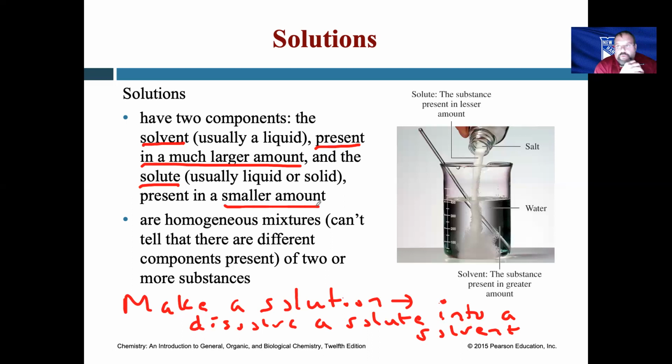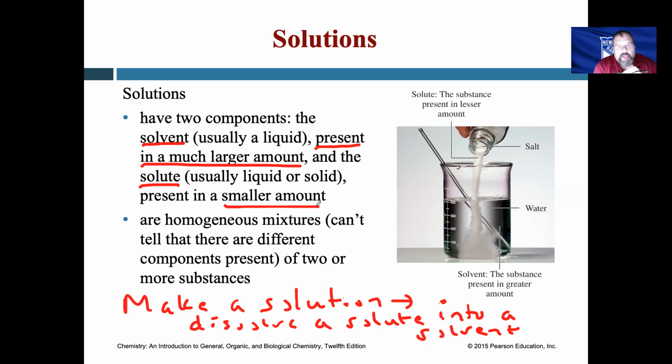And your solutes can be solids, liquids, or gases, but for the most part, the types of solutes that you come across are your liquids and your solids. Now, what's interesting is that you could have the same two components for different concentrations of solutions, where again, one component would still be the solvent and the other would still be the solute, but the ratio of them would be a lot different.